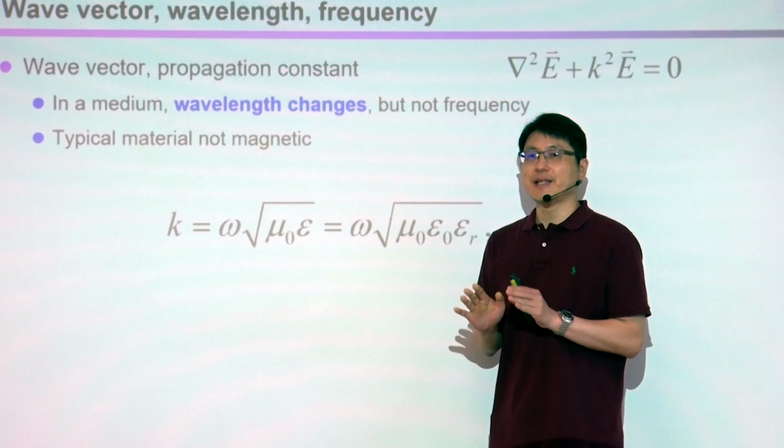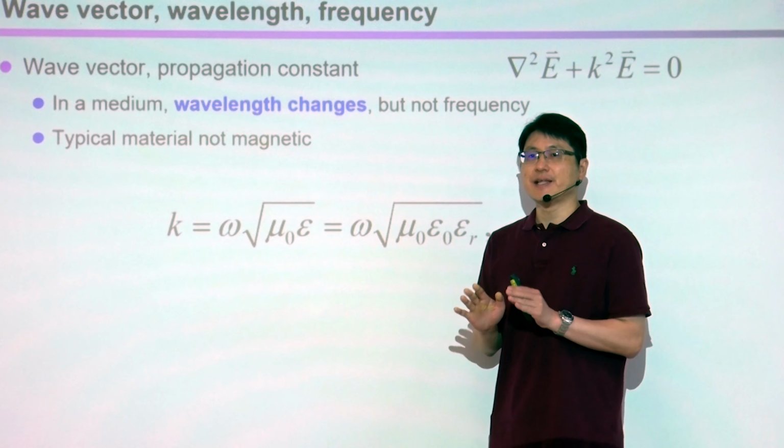You might be wondering, up to now, our derivations were making a lot of simplifications, right? Simple material, no free charges, no free currents. Let me show you one example. If we allow the material to be conductive, meaning that you can have free current density J, what happens to your results?